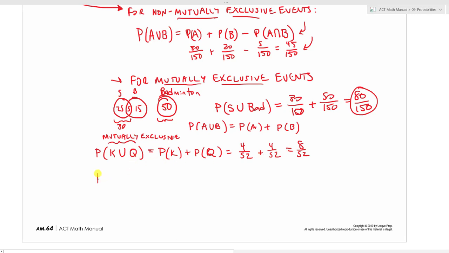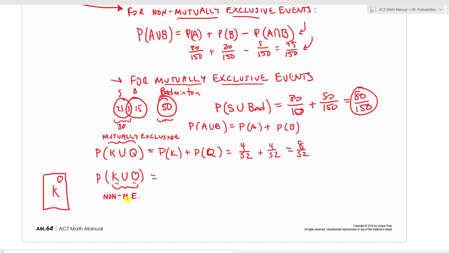Now, if they had asked what is the probability of picking a king or a heart, then these are not mutually exclusive. The reason they are not mutually exclusive is because in a deck of cards, there is a king of hearts. There is one king that has the suit of heart, and therefore a king and a heart can occur together.